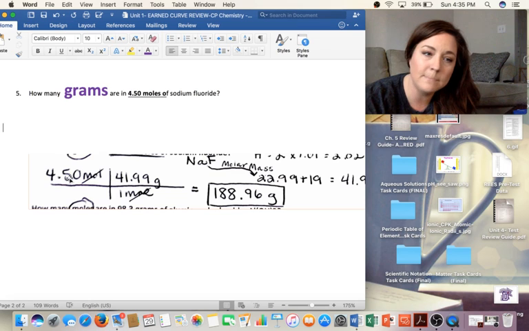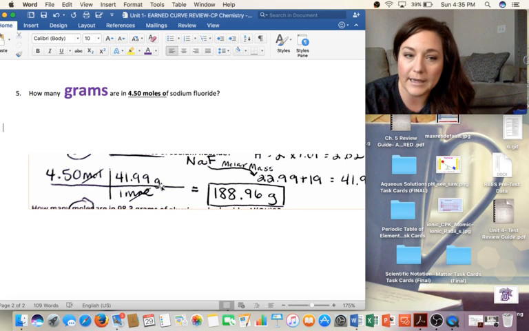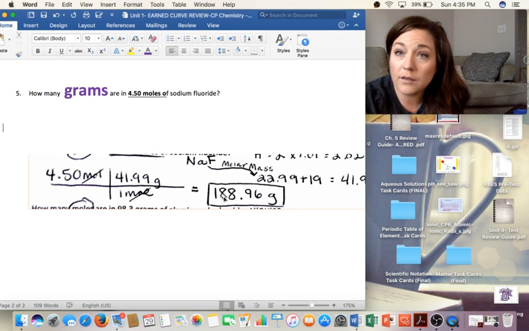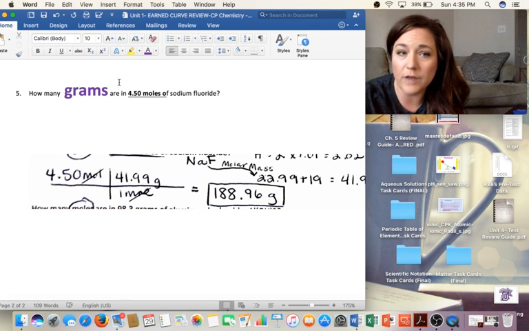So you take 4.5 times 41.99 grams, because your moles cancel out, and you end up with 188.96 grams. That is how you find how many grams you have in a given number of moles. Okay.